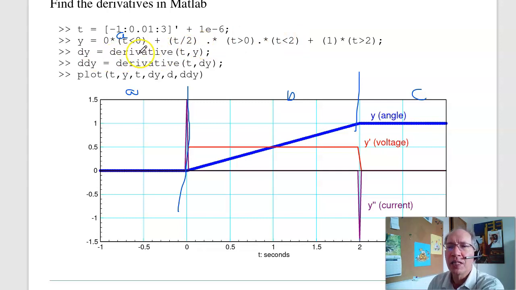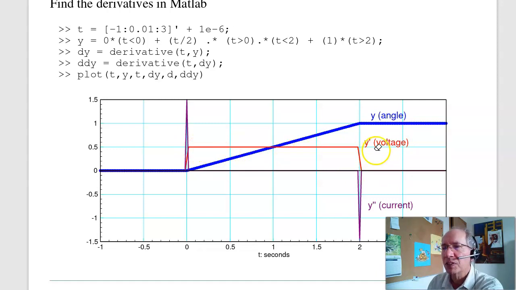dy is the derivative of t and y. The second derivative is the derivative of the first derivative. If I then plot it, here's what the plot looks like. So y is kind of a nice function. It goes from 0 to 1, just like I expect. The first derivative is 0, then it jumps up to 0.5, and it jumps down to 0.